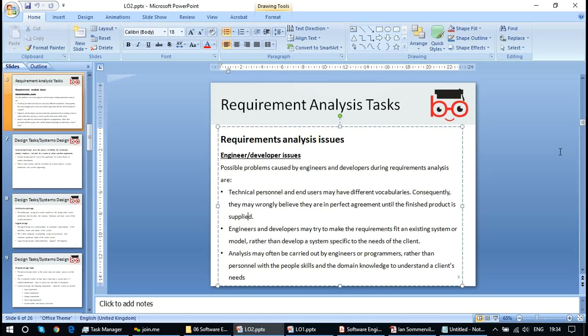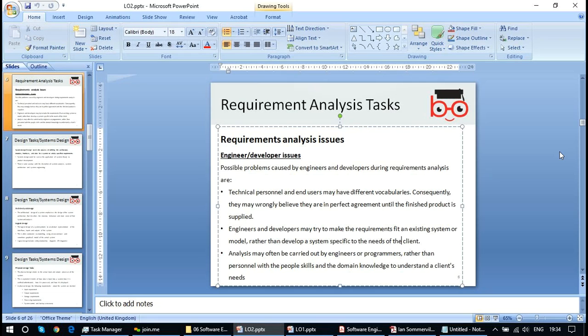Engineers and developers may try to make requirements fit an existing system or model rather than develop a system specific to the needs of a client. Very important point. Even if the engineers are good, they would try to adapt their own development techniques.